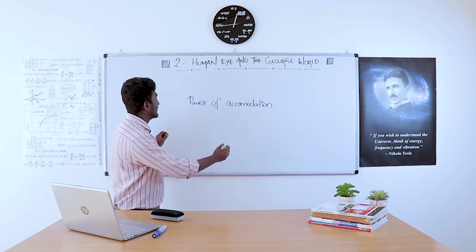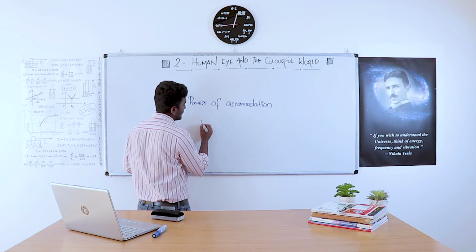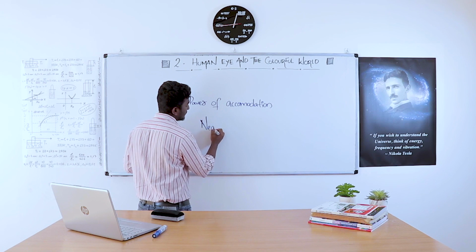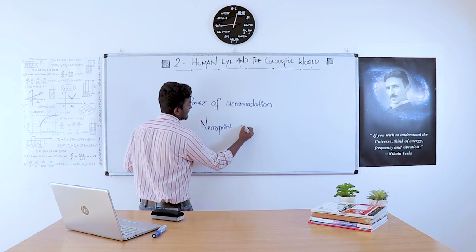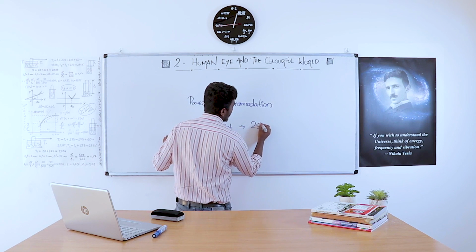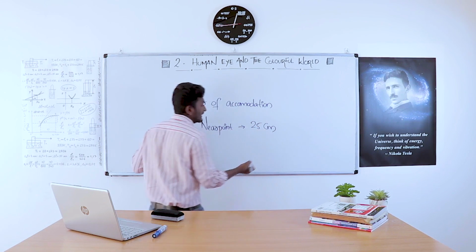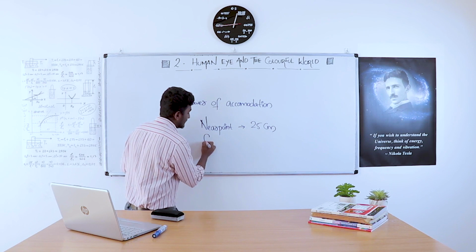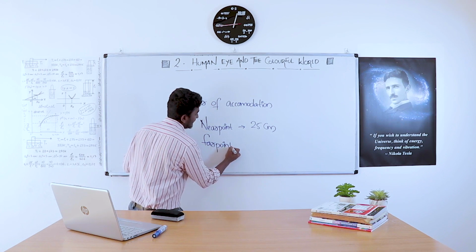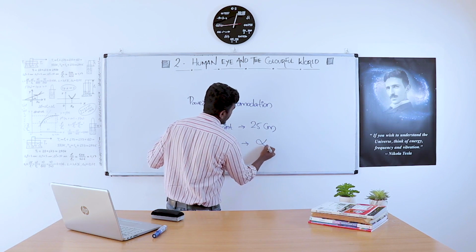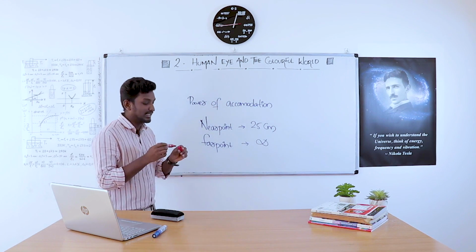Then the near point of the human eye is 25 centimeter. And the far point of the human eye is infinity.